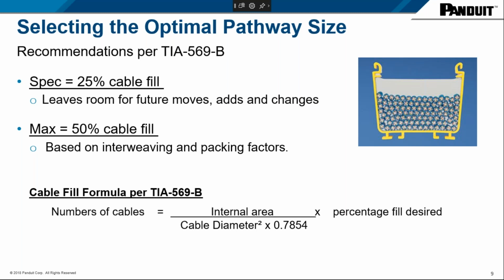And here at the bottom, you're going to find a formula where you can calculate the number of cables that would be allowed in your pathway. So again, it's important to consider the size of the pathway that's needed, and to recommend just a 25% cable fill. It's best to have that room for the future.